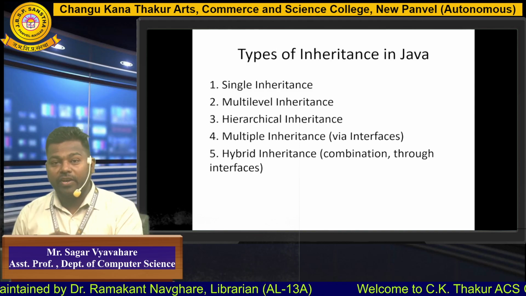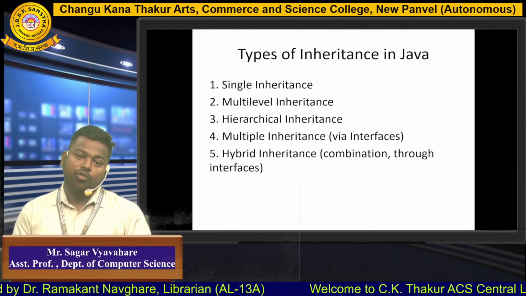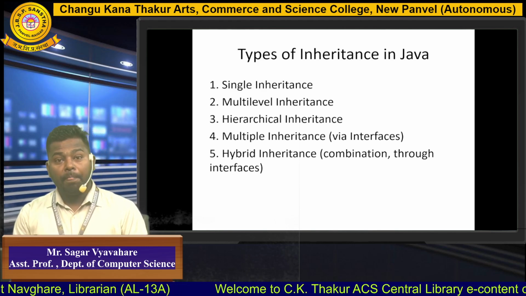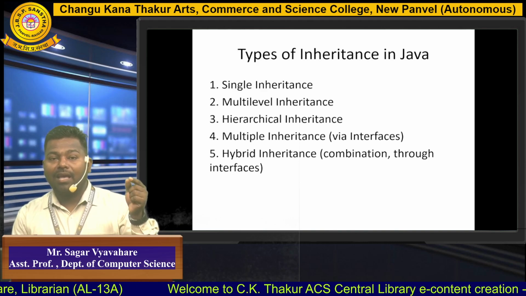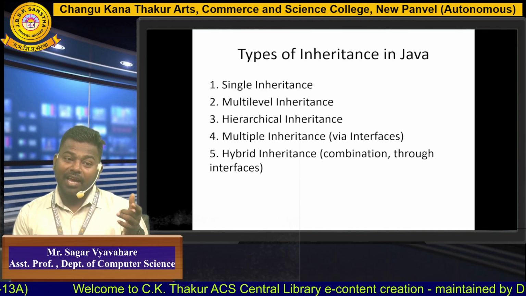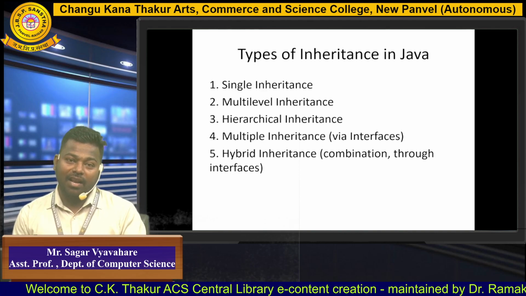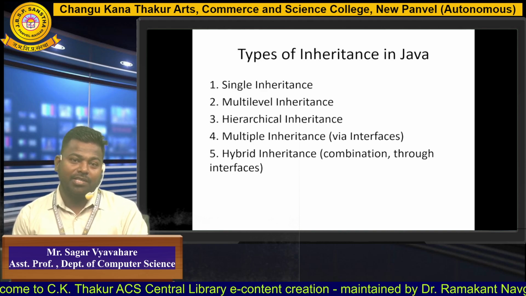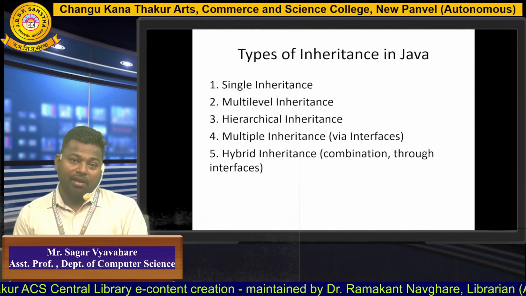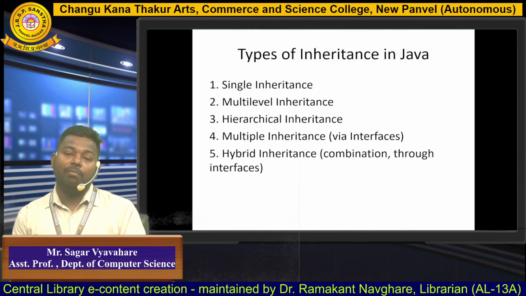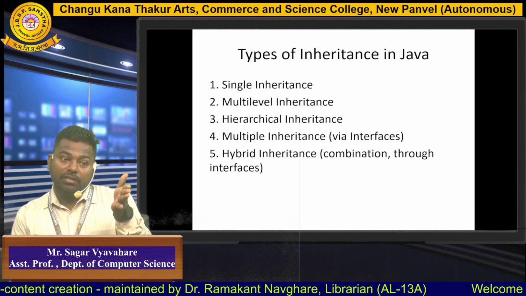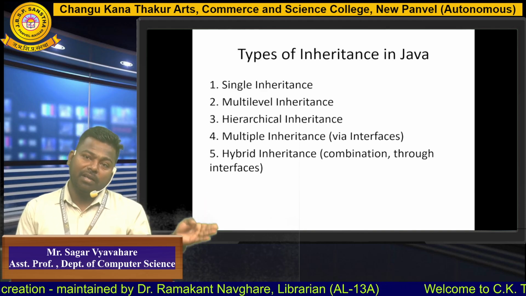What are the types of inheritance in Java? The first type is single inheritance, where a class is inherited by only one other class. The second is multi-level inheritance, where a class is inherited by another class, and that class is also inherited by someone else.